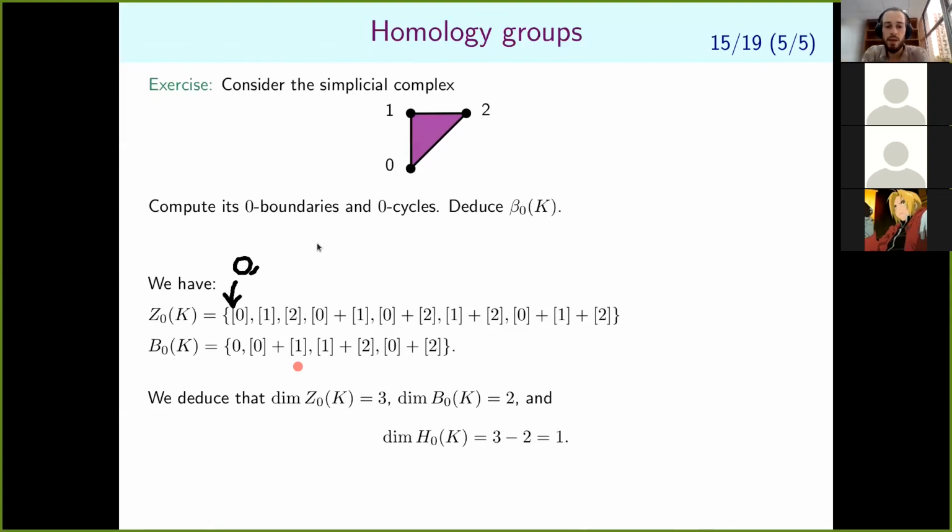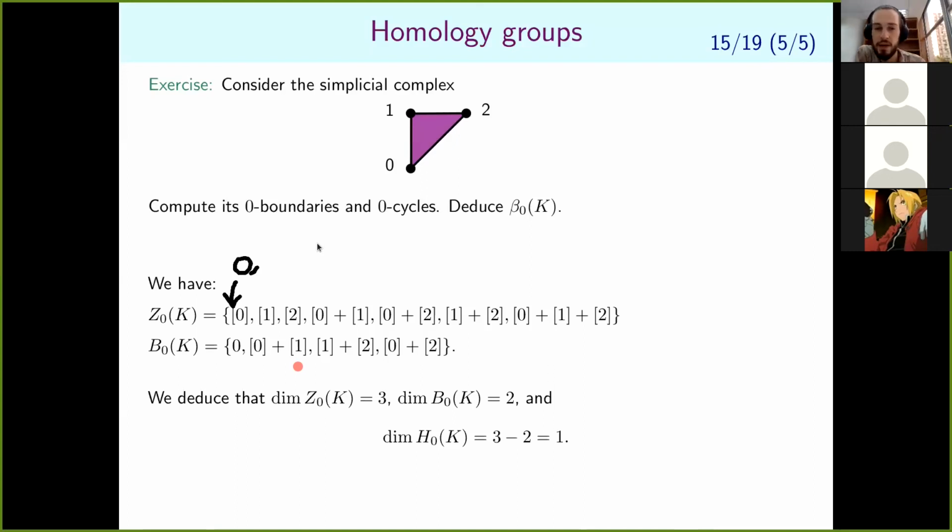Okay. Now I count the number of elements in the cycles. I have 8 of them, so the dimension of the cycles is 3. And I count the number of elements in the boundaries. I have 4 of them, so the dimension of the boundaries is 2.